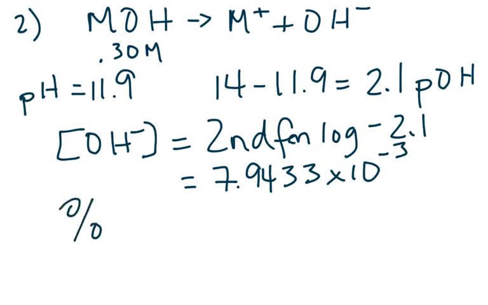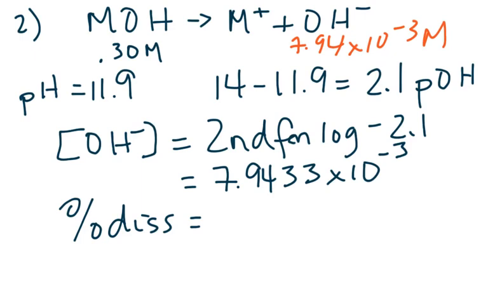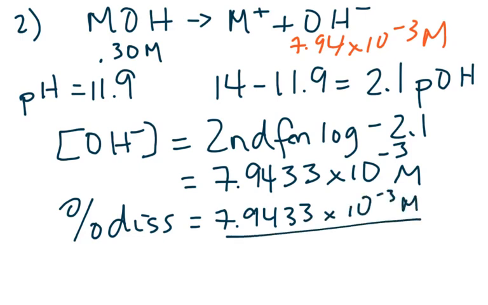Now to find the percent dissociation, you take your OH dissociated. So this goes up here, first of all. So we're going to repeat with the 7.9433 times 10 to the negative 3 molar divided by the original concentration of 0.3 times 100.